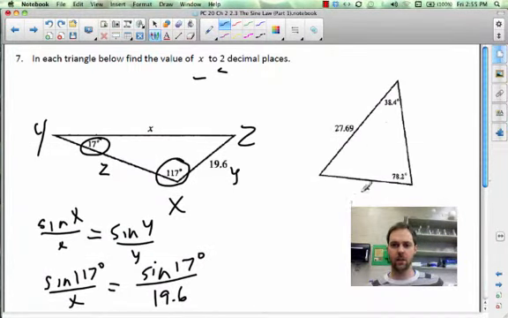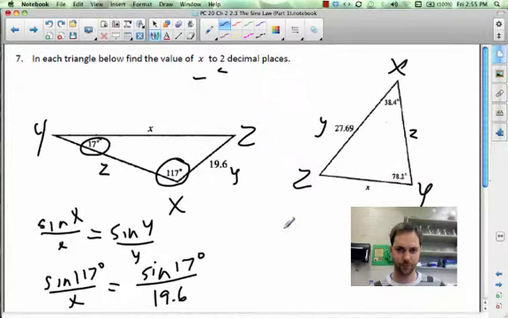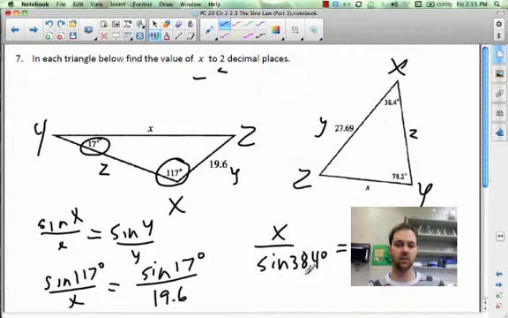Okay, so now the next one, again, we want to solve for x. This one we have to call x. We could call this y and this z, which means, again, we have big Y and little y. So x over sine 38.4 degrees. Again, we know we can take the sine of this because it has a little degree symbol.